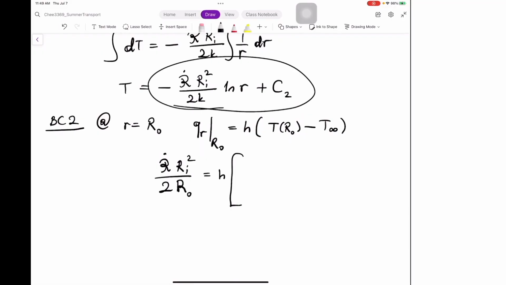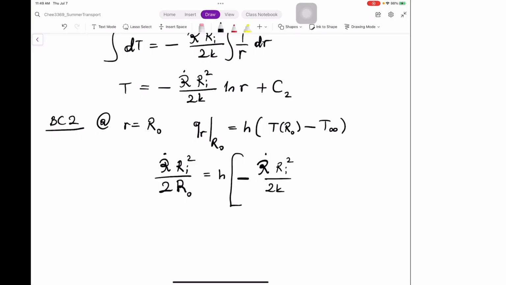We're going to plug in R_o in this equation instead of r: negative q-dot R_i squared over 2k logarithm of R_o plus C2, minus this T infinity.